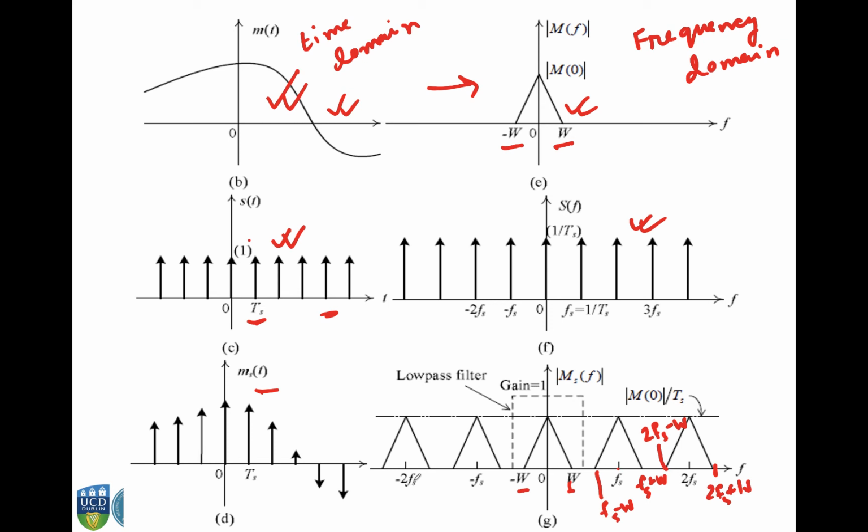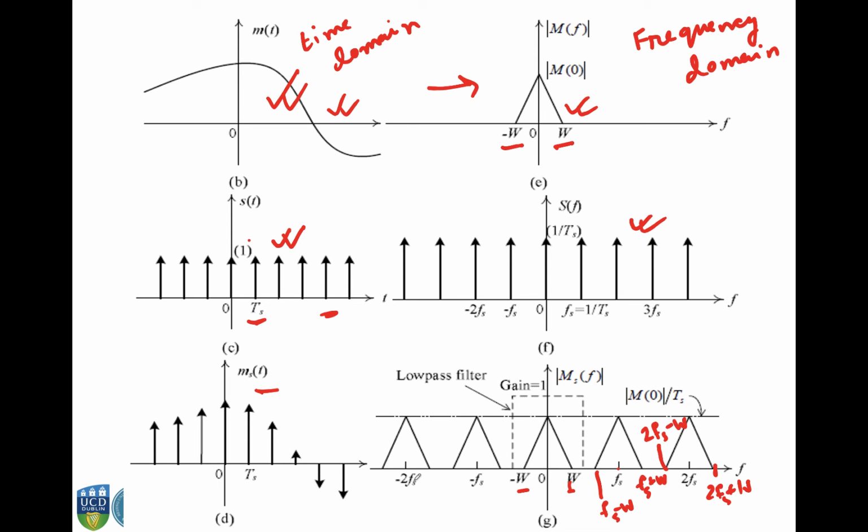Now let's say I want to recover this signal, to reconstruct it from the sampled output. In every digital communication system, when you sample a signal, you also need to recover it to generate the final analog output.